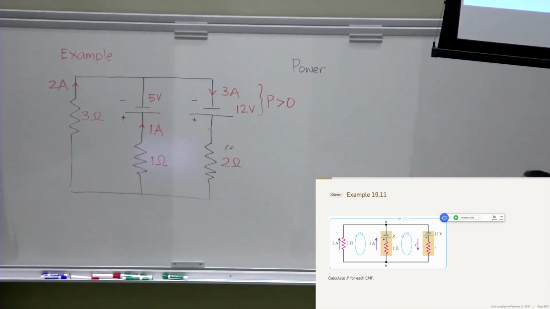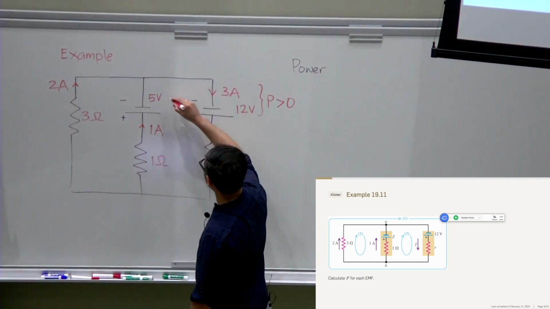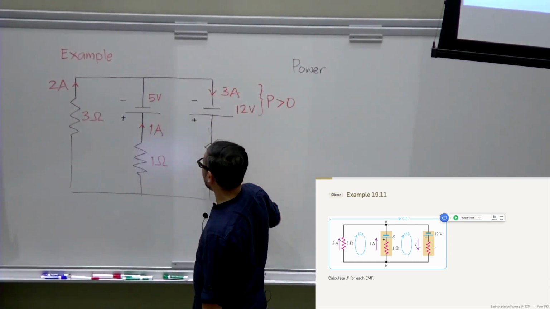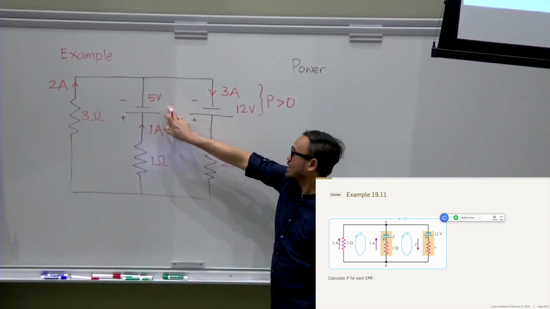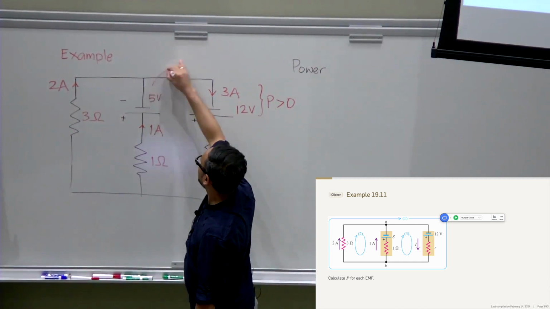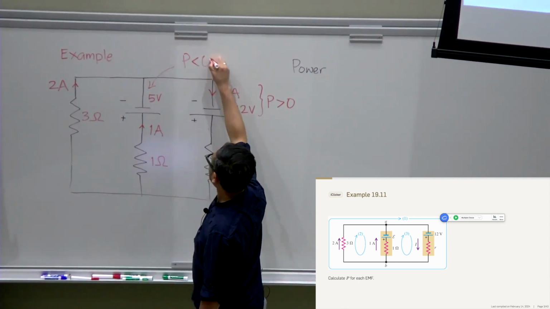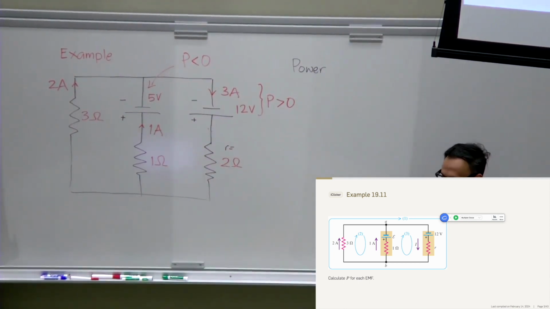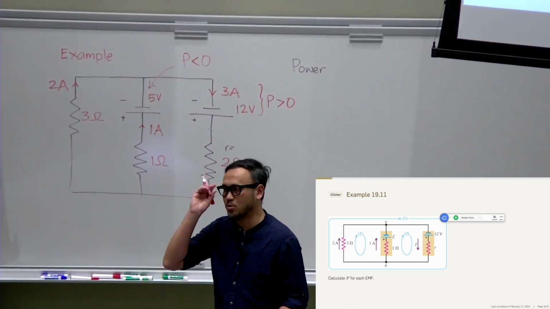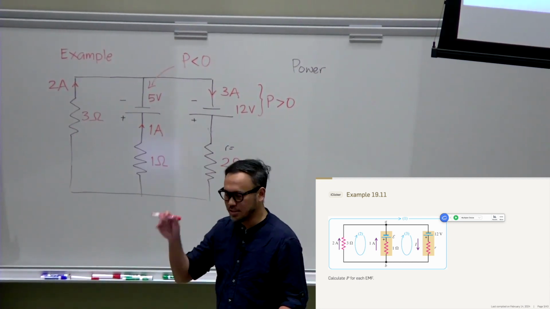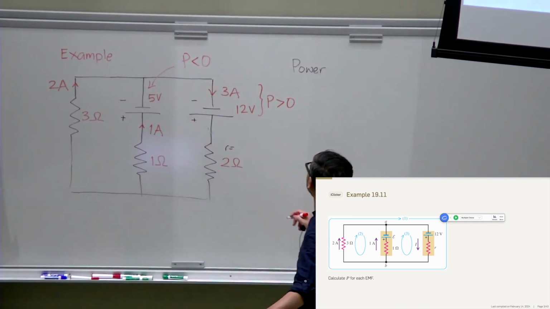So it does something. For the left battery, because of the magnitude of the batteries and resistors, the current goes from the positive electrode to the negative electrode. So this battery actually consumes energy. You may think that's silly, why would a battery consume energy? We do that almost every night. You go home, you charge your devices, your cell phone, computer. So this one means it consumes energy.